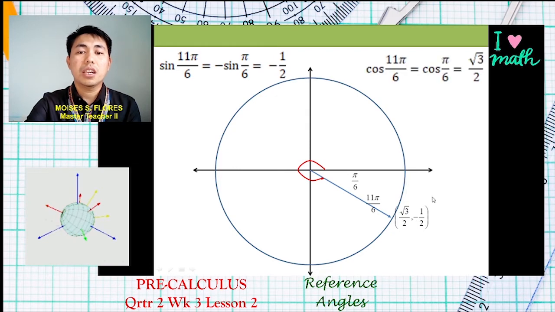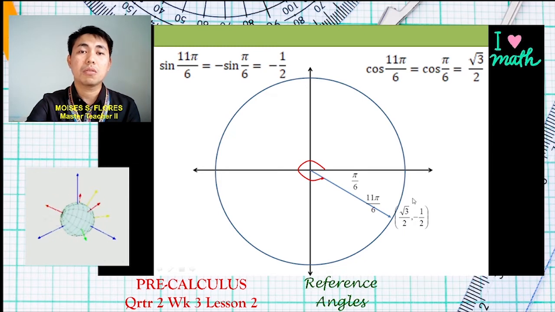On the other hand, cosine 11 pi over 6 is cosine pi over 6 with respect to its reference angle, and the value of cosine is its x coordinate, so square root of 3 over 2. So there you have it, guys.